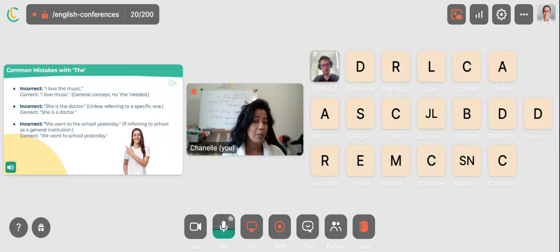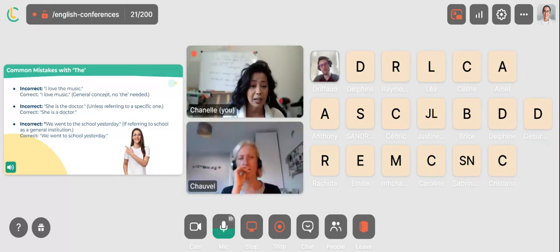So what are the most common mistakes that we find with the? Incorrect is saying, I love the music. The correct way to say this is, I love music. Here we are referring to the general concept of music. It is different from arriving at a party and hearing a song and saying to your friend, oh my goodness, I love the music.